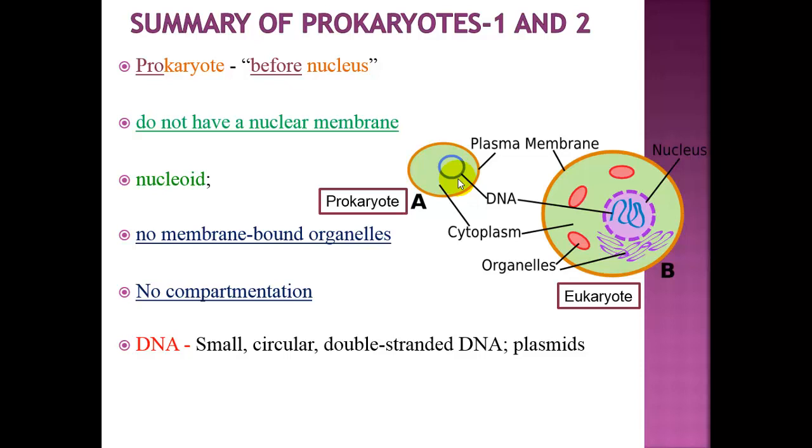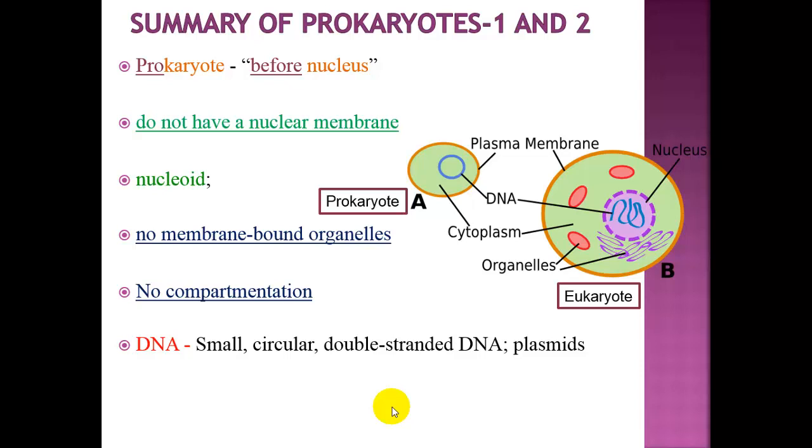Prokaryotes also have no membrane-bound organelles in their cytoplasm. Or, in other words, they lack a number of internal structures that are bound with a phospholipid membrane.